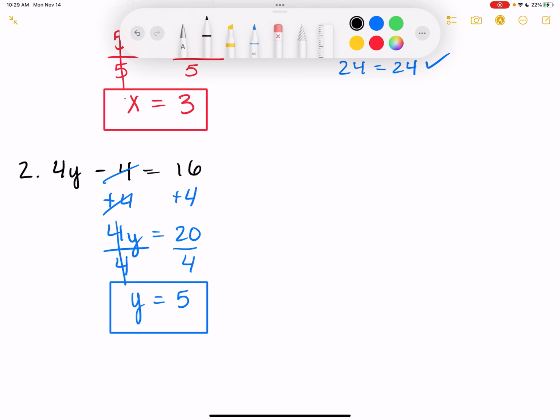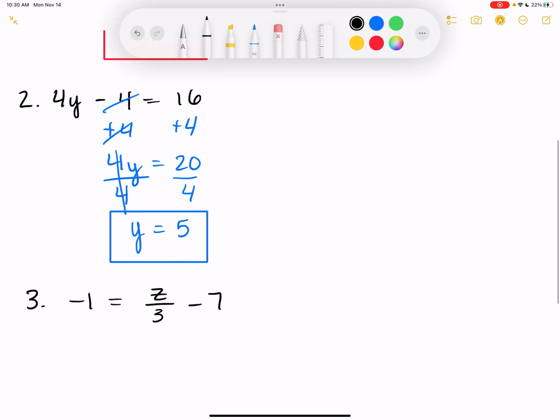All right, number 3. Negative 1 equals z over 3 minus 7. So you want to do plus 7, because we want the opposite signs.